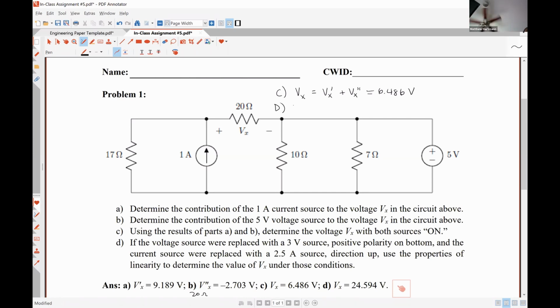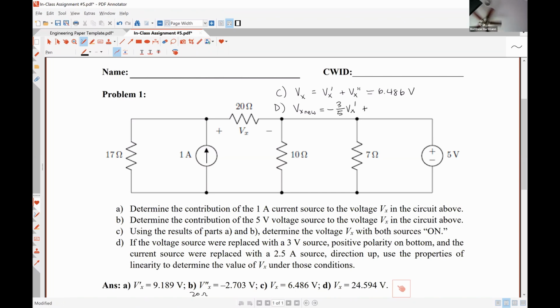So we're going to find what I'm going to call Vx new. All right. So what scaling factor is being applied to our voltage source in order to make it a 3-volt source, positive polarity on bottom? Negative 3/5. Right. So that means we would just apply negative 3/5 times Vx prime.